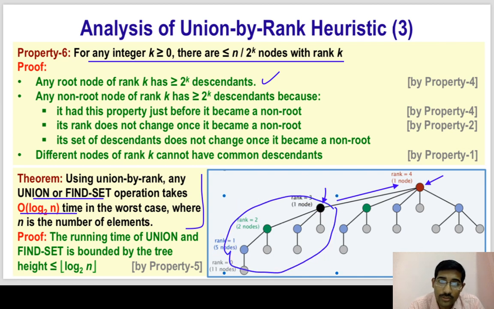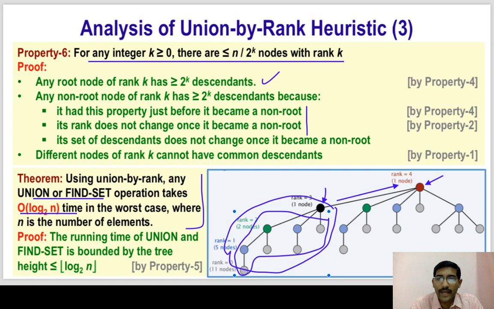Any non-root node has the same property, because just before it becomes non-root it had this property, and its rank does not change anymore once it becomes a non-root node. Its set of descendants also does not change once it becomes non-root. So this part also does not change at all.